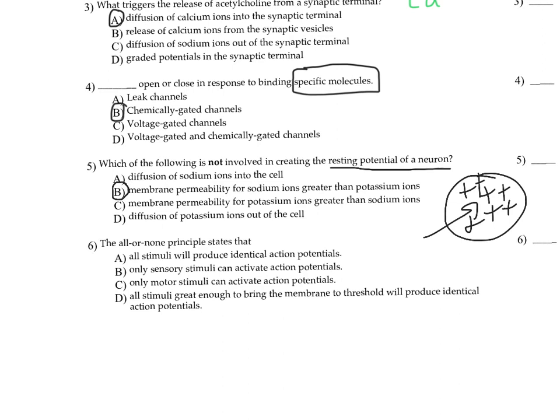Is that what happens? No, because the inside of the cell is negative. So we have more positive charges leaving than staying in, and that creates that negative 70 millivolts, right? More potassium leaving than sodium coming in.